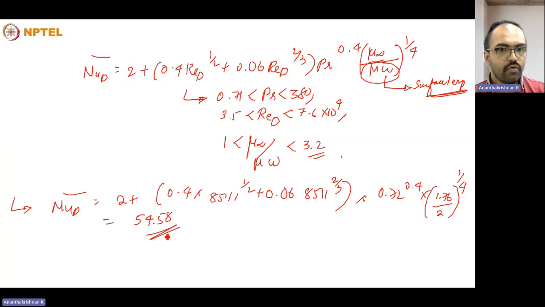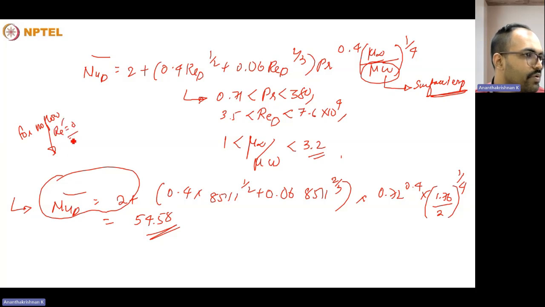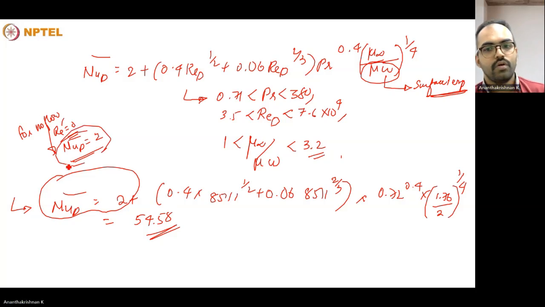But if you closely observe the Nusselt number correlation, for no flow, Reynolds number Re will be equal to 0, and in this case, Nusselt number will become equal to 2. So this represents a pure conduction case for steady radial conduction between the spherical surface and the motionless medium that is surrounding it.